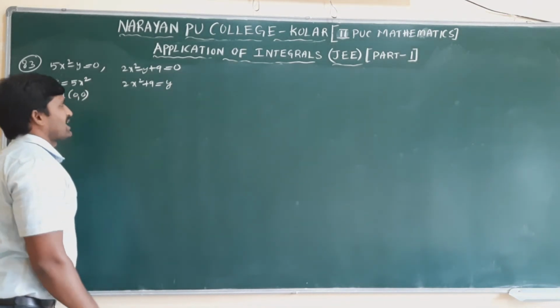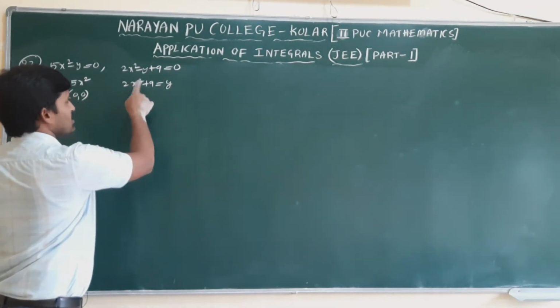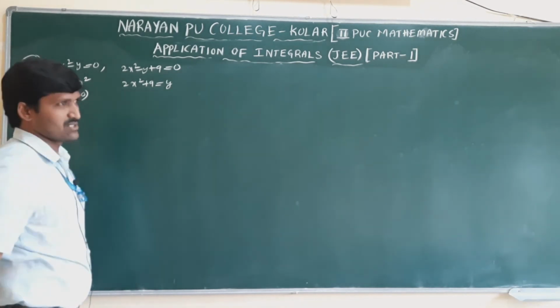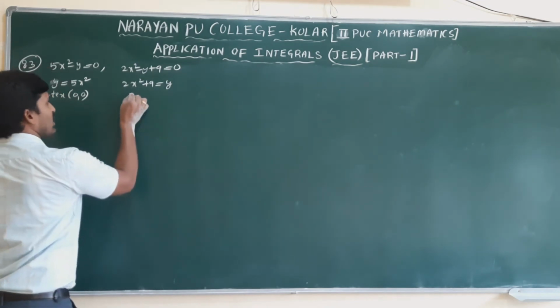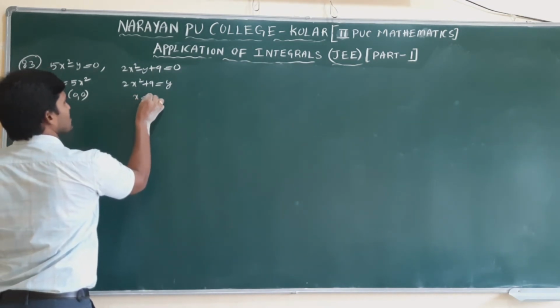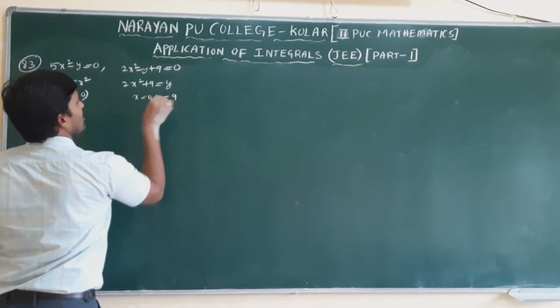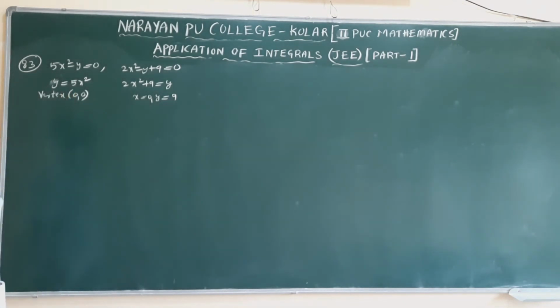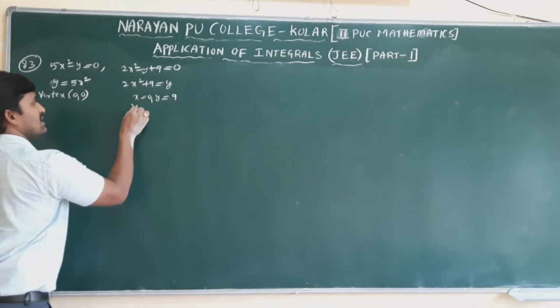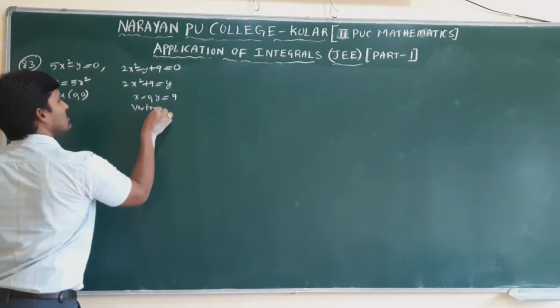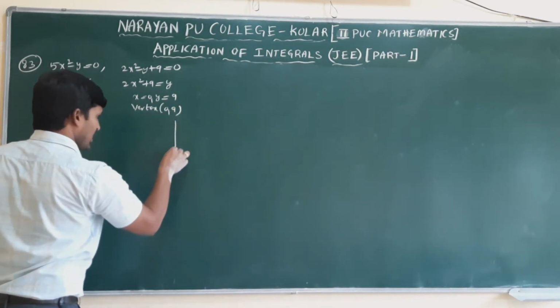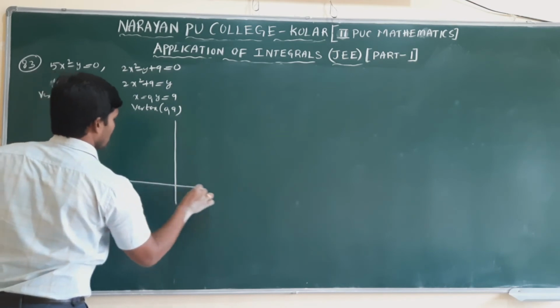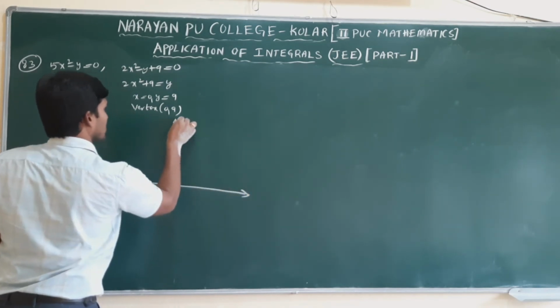How to find the vertex for the second? Here x value 0 gives y equal to 9, clearly. So the vertex here will be (0, 9). They are asking the area between these two curves, one curve inside, one curve outside.